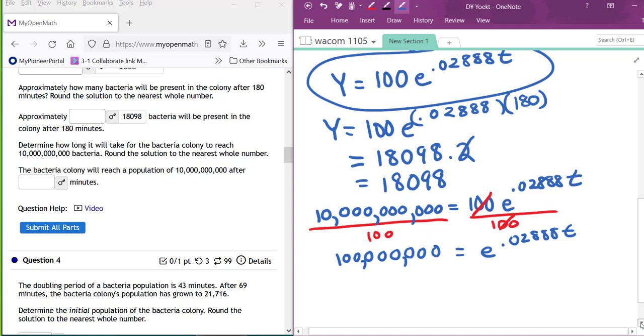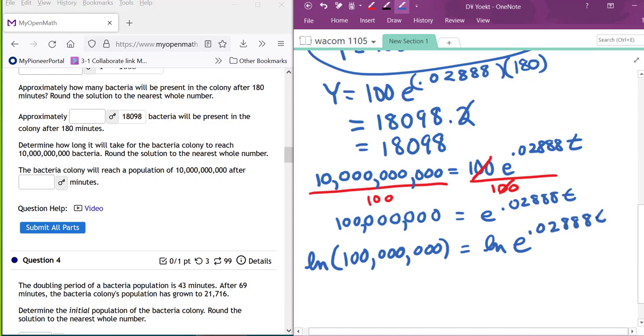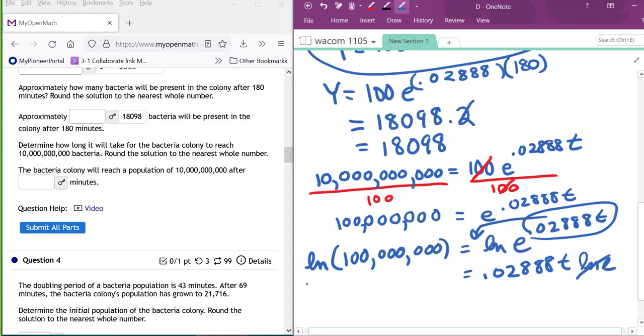And then I'll be ready to take the logarithm of both sides. And this is where I would wait and not actually do it yet. Makes this come down. ln of e is 1, so it doesn't matter.